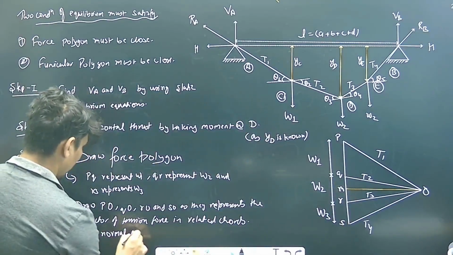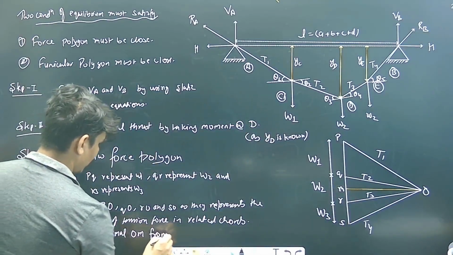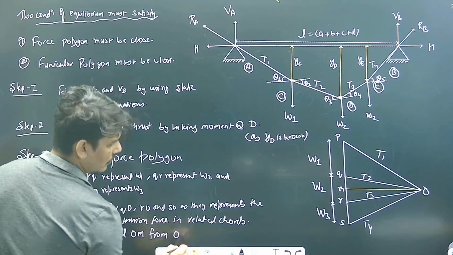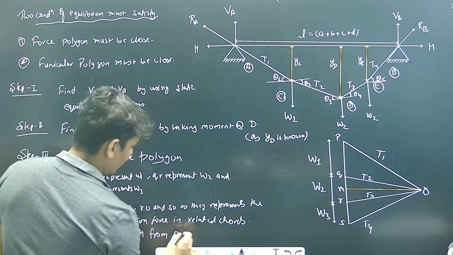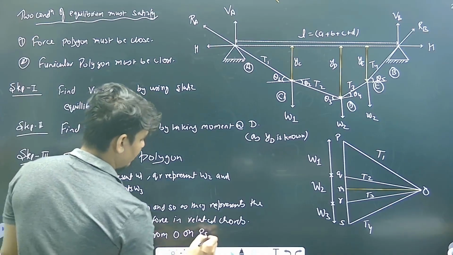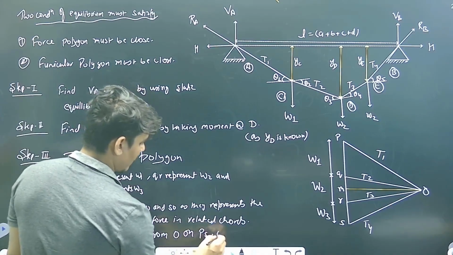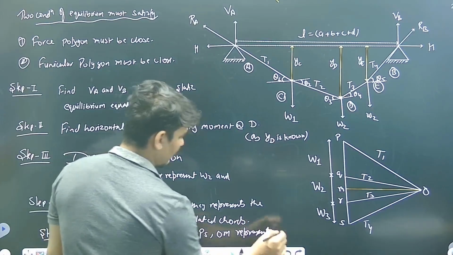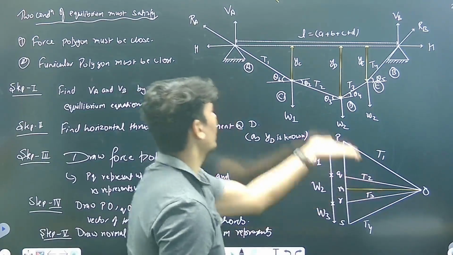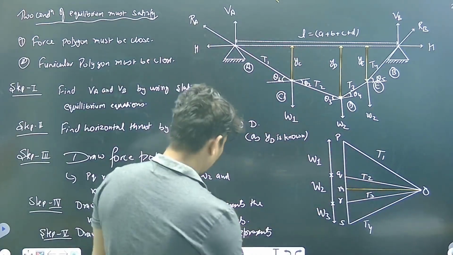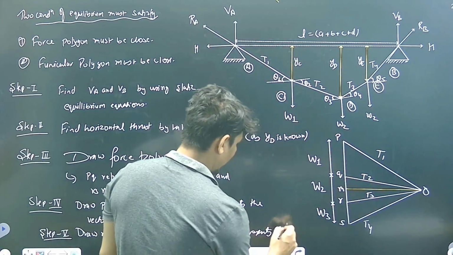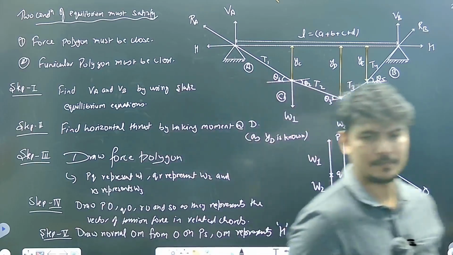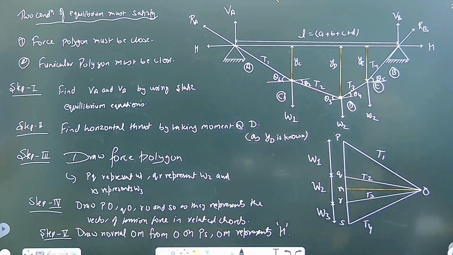Draw a normal OM from O on PS. OM represents, क्या रिप्रेजेंट करेगा OM? हॉरिजॉन्टल थ्रस्ट है. OM रिप्रेजेंट H, हॉरिजॉन्टल थ्रस्ट. इतना बनाना आना चाहिए आपको. ठीक है.